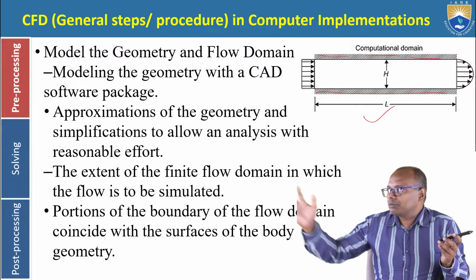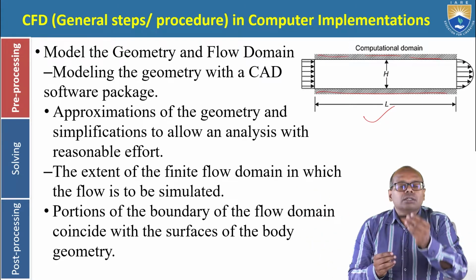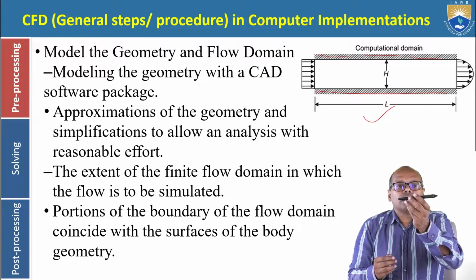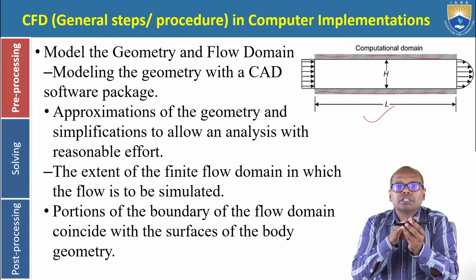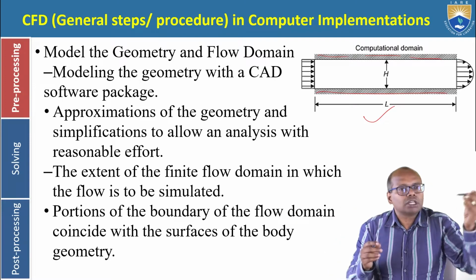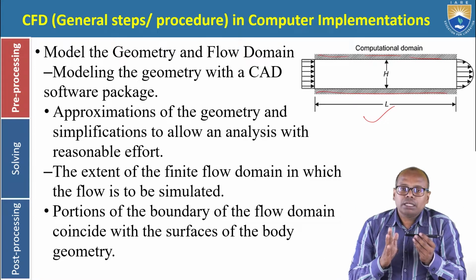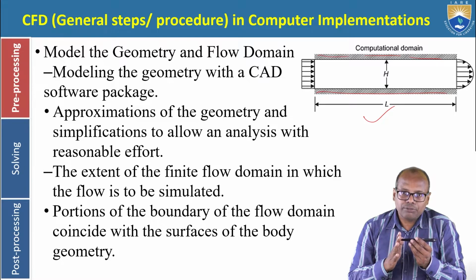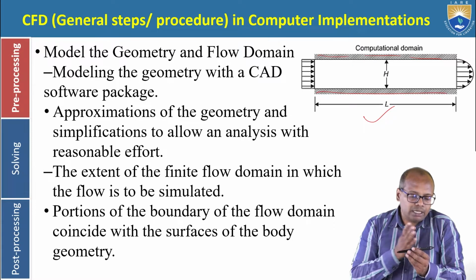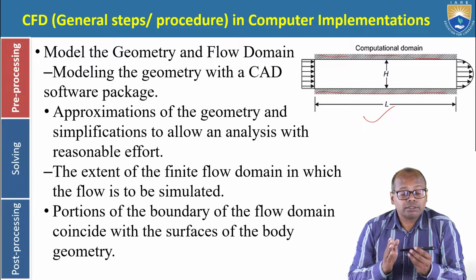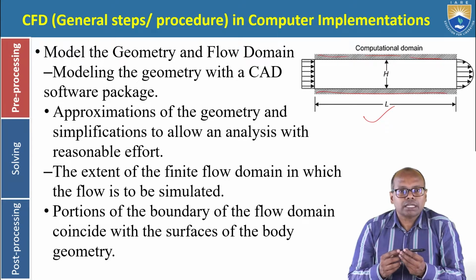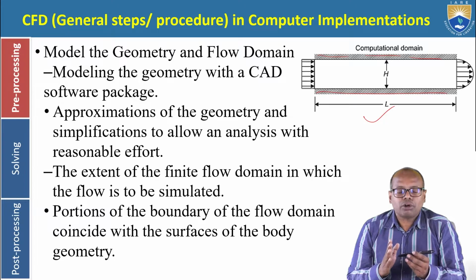The flow is happening between these two walls, and say suppose this is a cylinder, and the length of the cylinder is extending from this wall to that wall. So we are not interested in the end things, okay? What is happening at the end of the cylinder on that side or this side, we are not interested in the flow parameters at the ends.